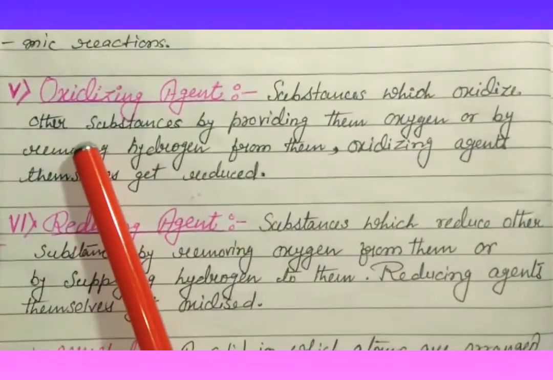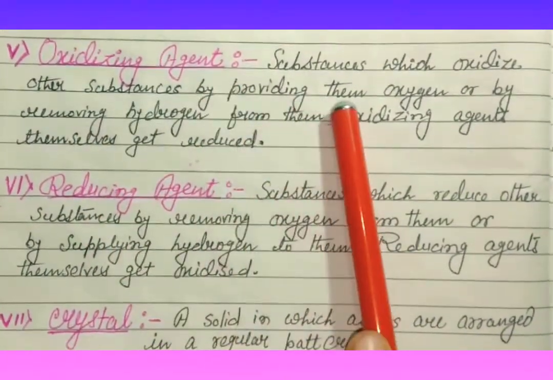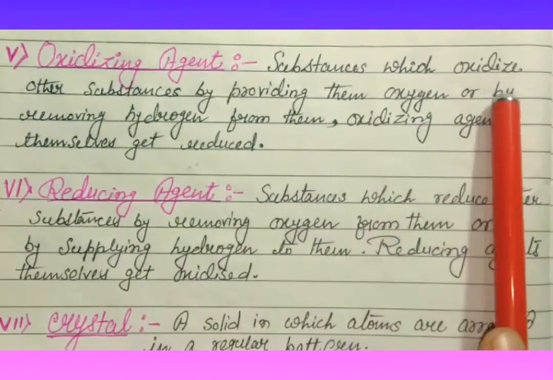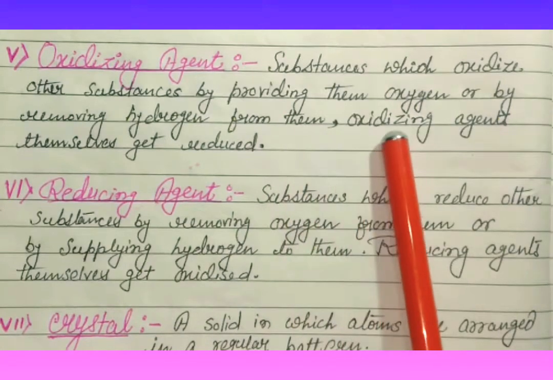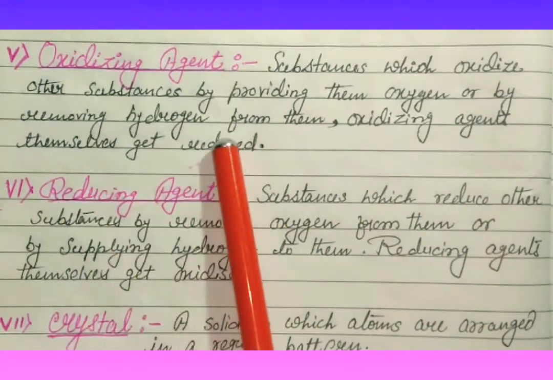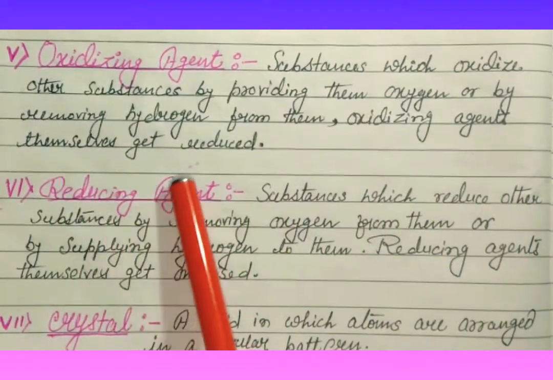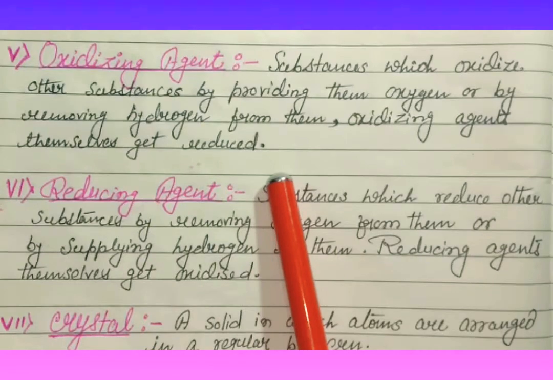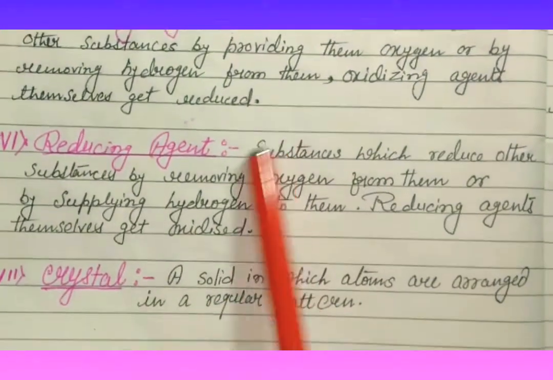Now next is oxidizing agent: substances which oxidize other substances by providing them oxygen or by removing hydrogen from them. Oxidizing agents themselves get reduced. We have already discussed this in our previous video.